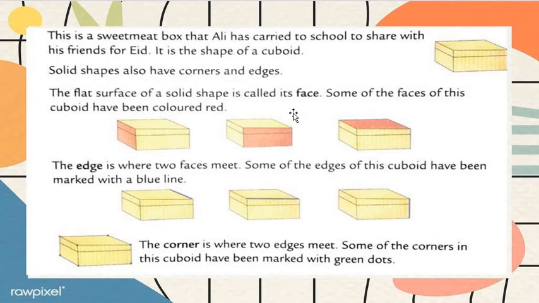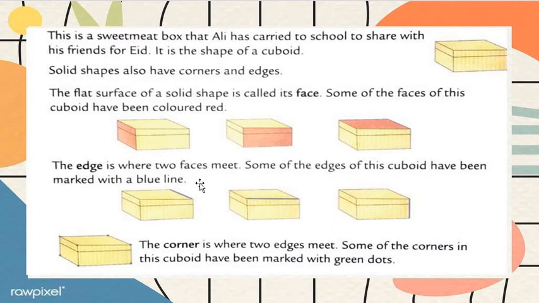Some of the faces of this cuboid have been colored red. See this here, my dear students. The red part shaded is the face of any shape, means a side.